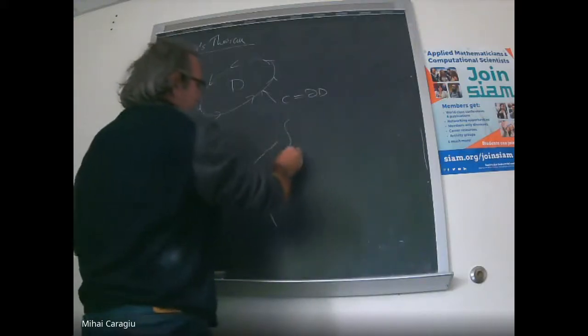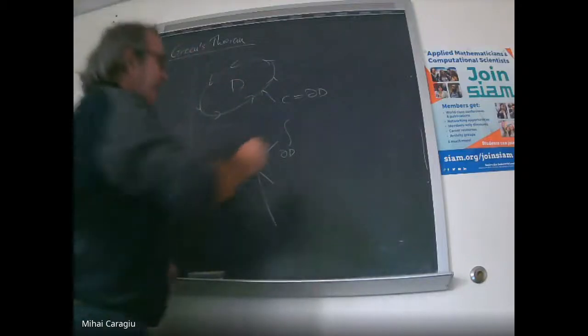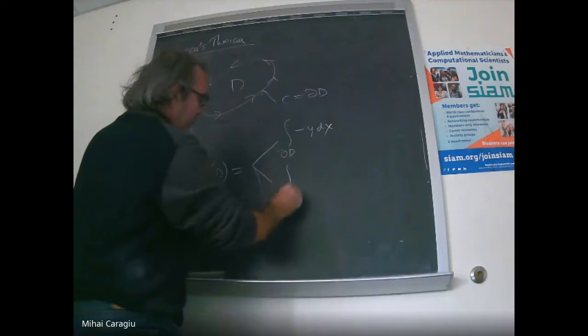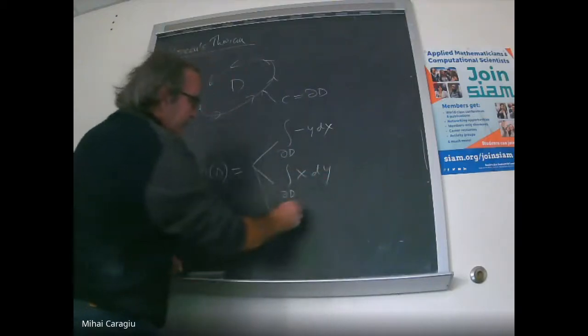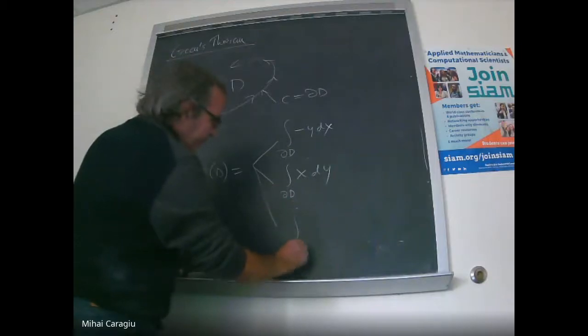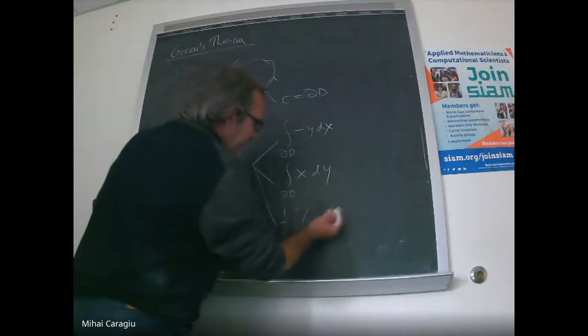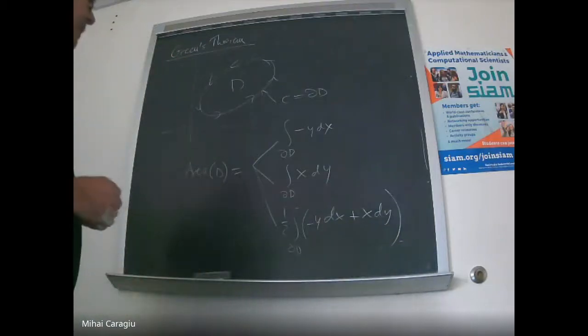Integral over the boundary of D of minus y dx, integral over the boundary of D of x dy, and also integral over the boundary of D, 1/2 in front, of minus y dx plus x dy, according to Green's theorem.